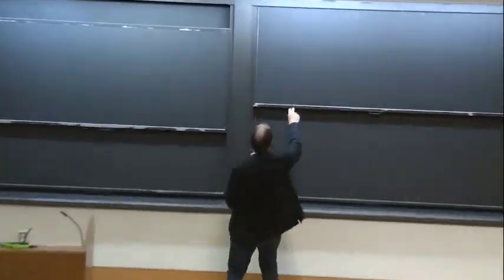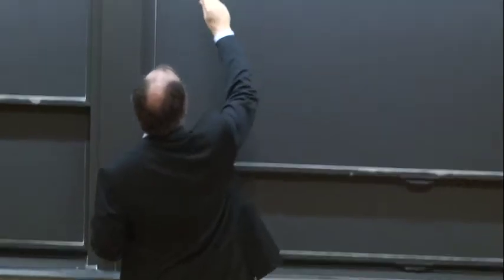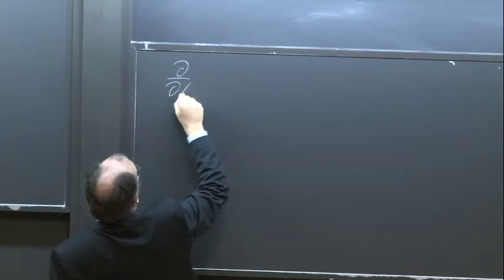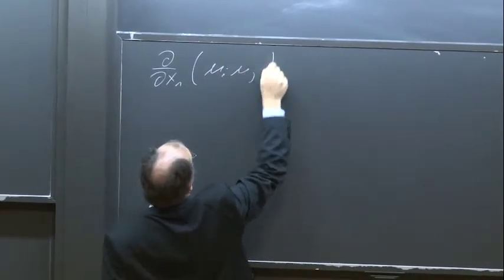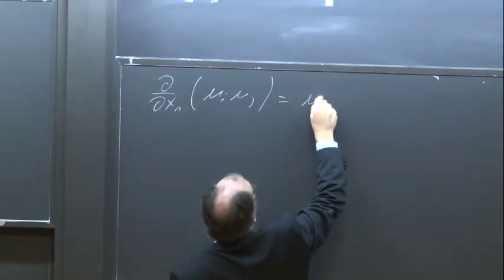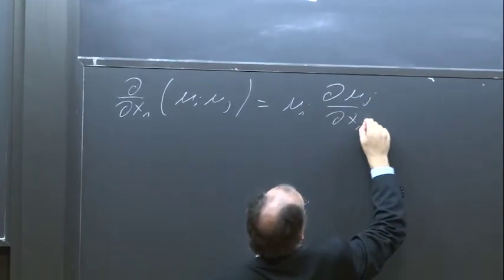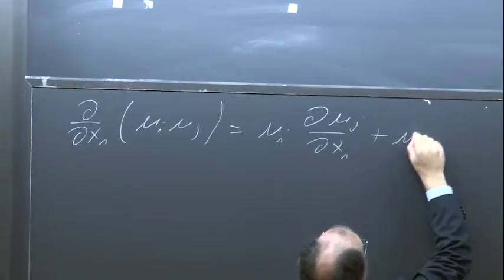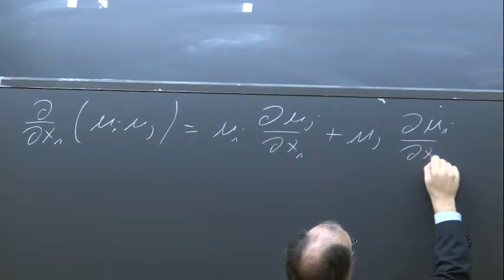Probably everyone knows. But if you start out with this: d by dx_i of u_i u_j is equal to u_i du_j by dx_i plus u_j times du_i by dx_i.